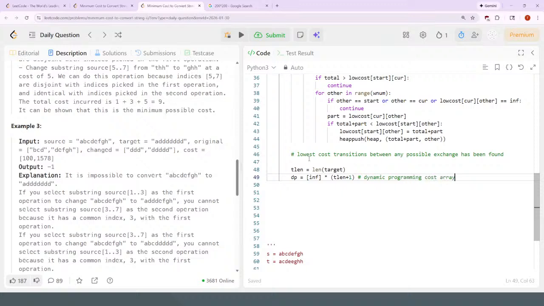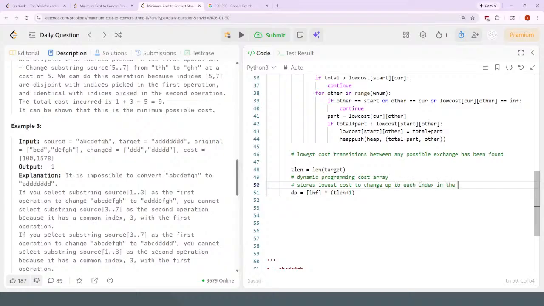Cost array, which stores lowest cost to change up to each index in the source target string. And then dp at 0 equals 0.